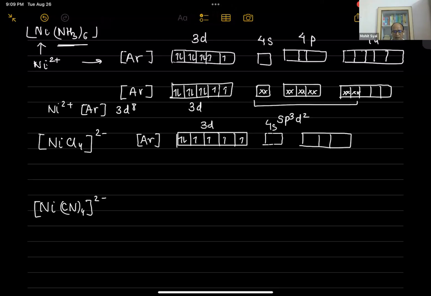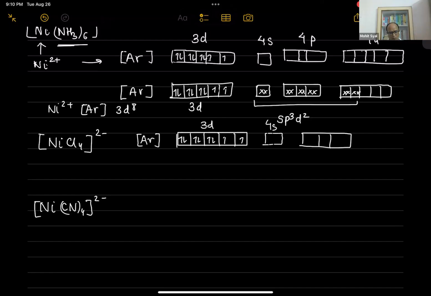Whether these 8 electrons are going to remain as they are or get paired up? I need how many empty orbitals in this case? 4. The coordination number is 4.